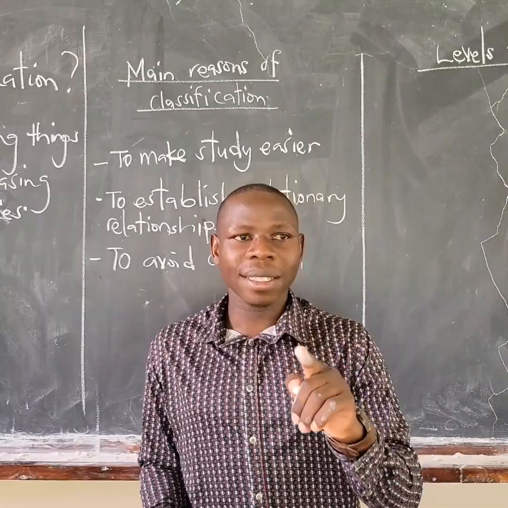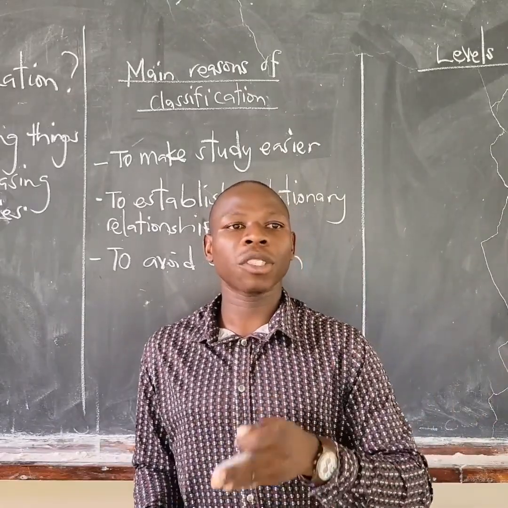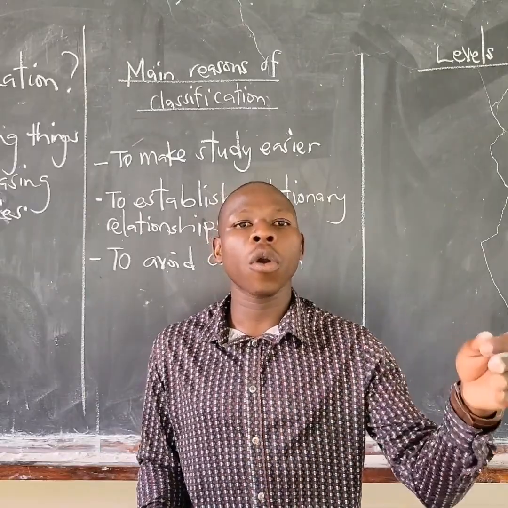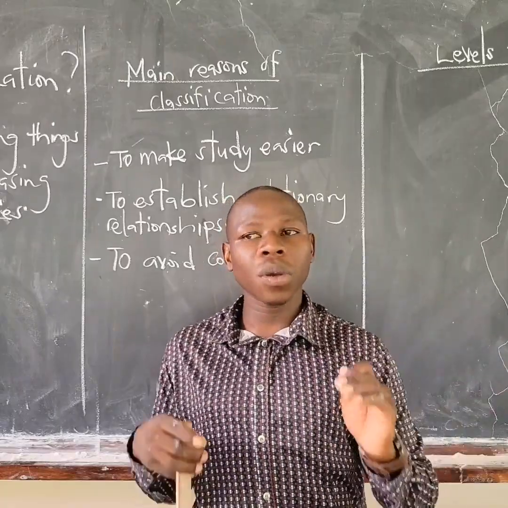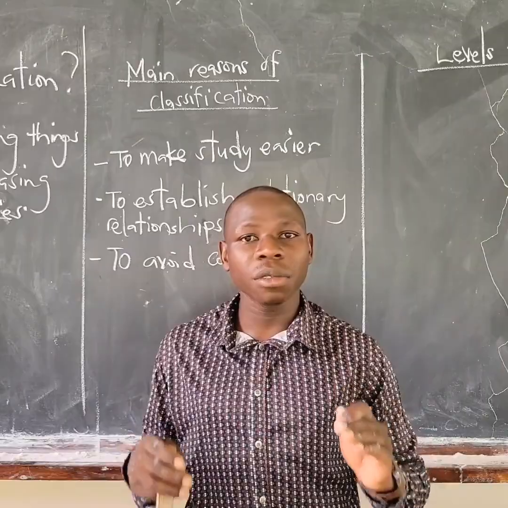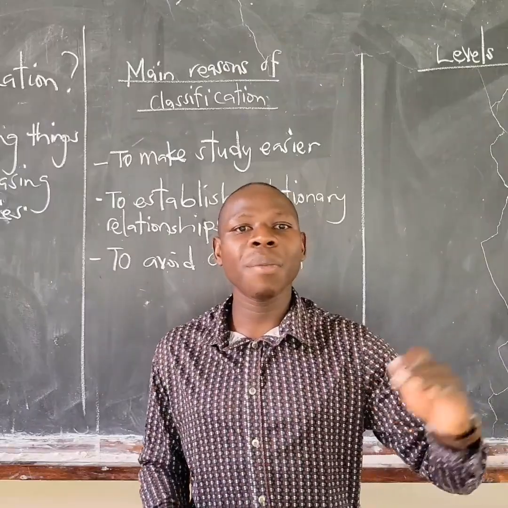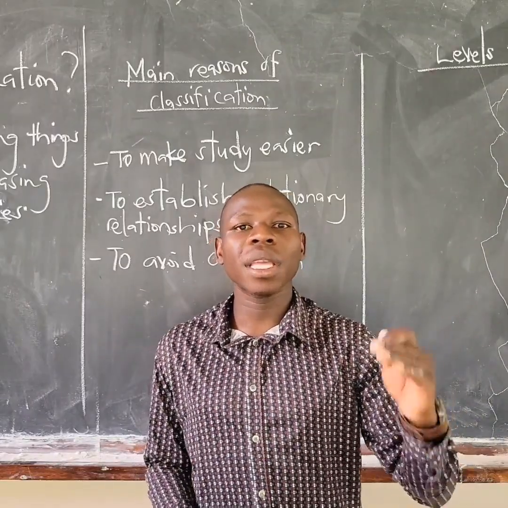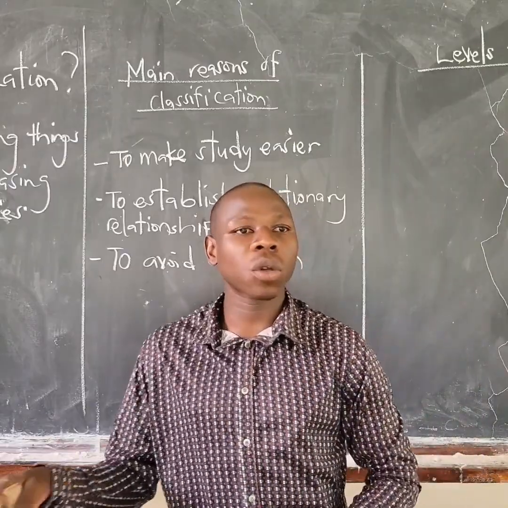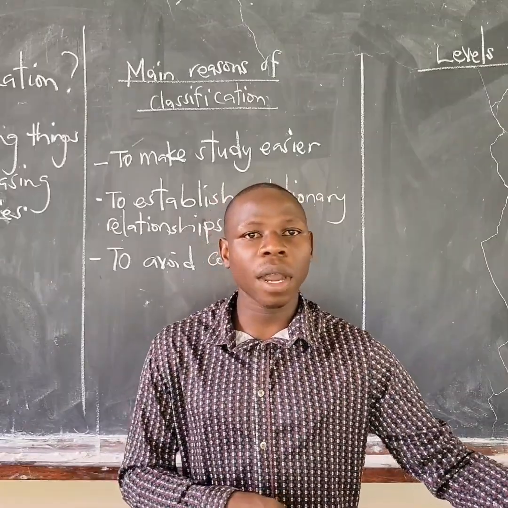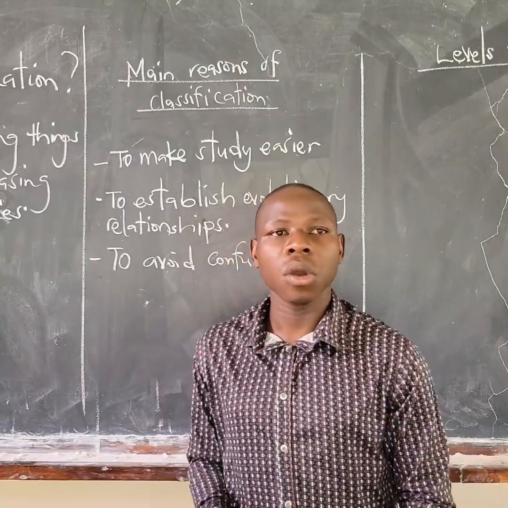Or if someone finds a fox in a compound, they may think it's a dog. The same person may find a dog in a bush and think it's a fox because the two living organisms look somewhat similar. They resemble each other. So, if they are not classified, we bring about confusion. We start calling different living organisms different names or referring to them as other living organisms.